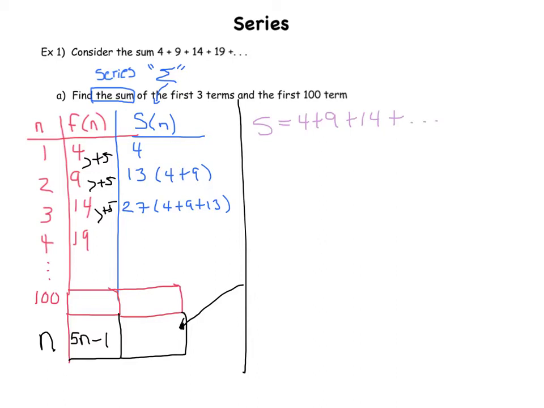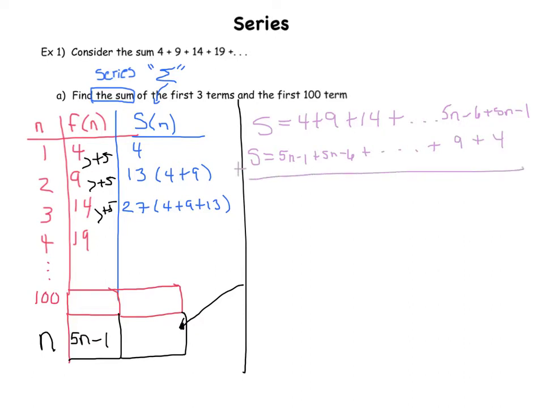The term just before that, just to give us something else to look at, would be 5n minus 6, then 5n minus 1. That would be the expression for the last 2 terms. Now if we write them backwards, we get 5n minus 1 plus 5n minus 6, etc., and then the first 2 terms would be a 9 and a 4.